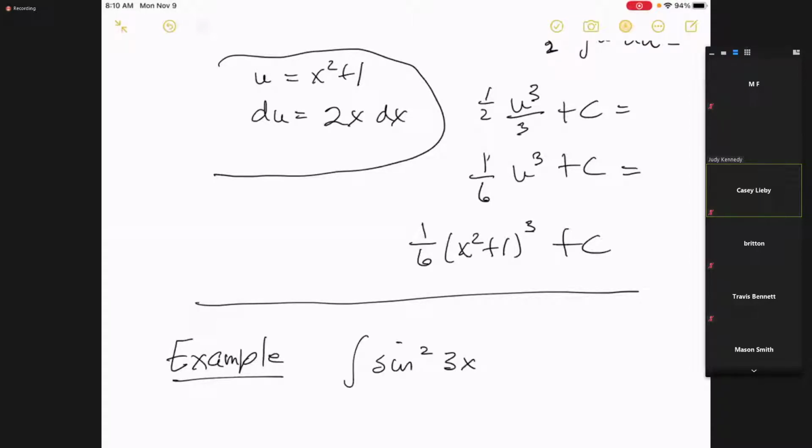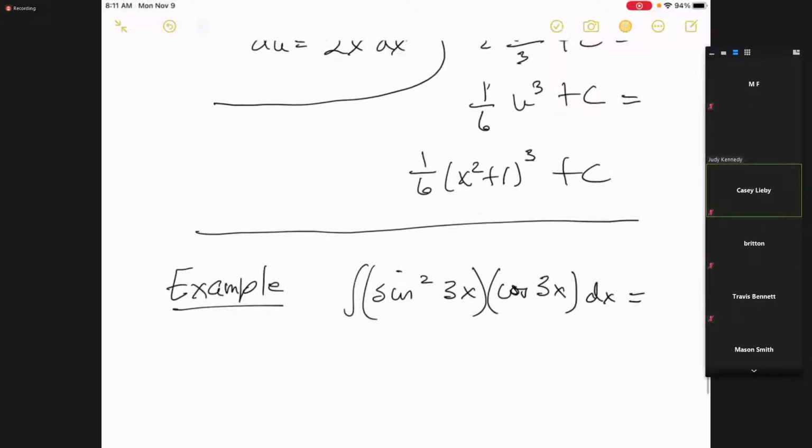Sine squared of 3x times the cosine of 3x dx. So I've got the sine of 3x, all squared.